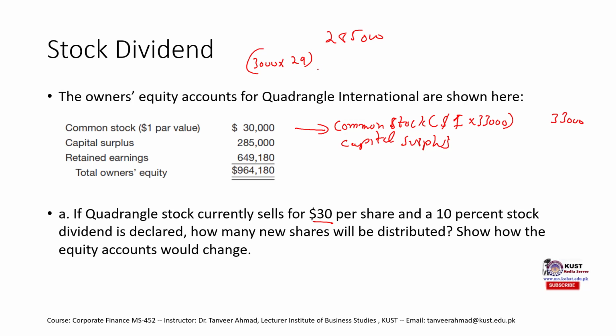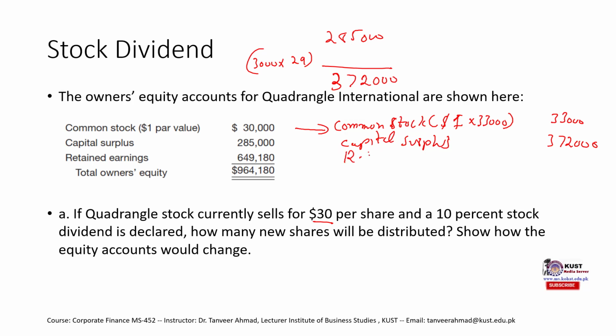So we multiply 3,000 by 29. Whatever amount we get, we add it to this old capital surplus, and the total amount would be 372,000. So this would be the amount that we would record in the new capital account.